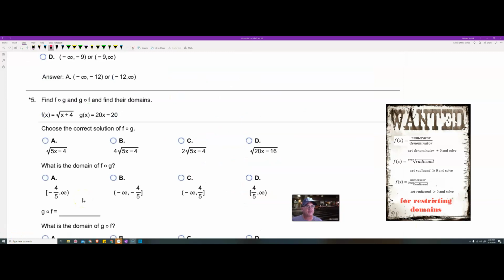All right, number 5, find f of g and g of f. So we're doing two compositions here. The first composition, f of g, I'm putting g into f. If I color code it, here's g in green, and wherever I see an x in f, I'm going to put that green expression.